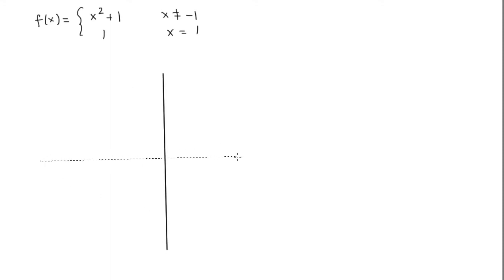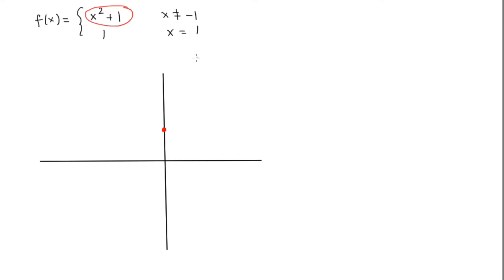So we'll get a set of coordinate axes here. And then let's put this part in red. X squared plus 1 has its vertex here, 1 unit up.